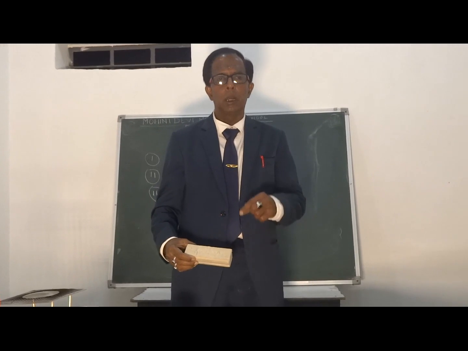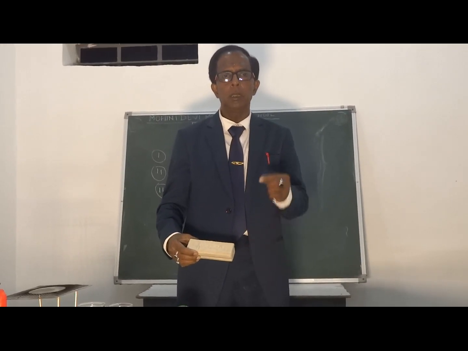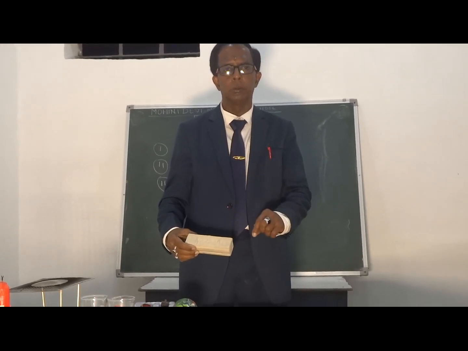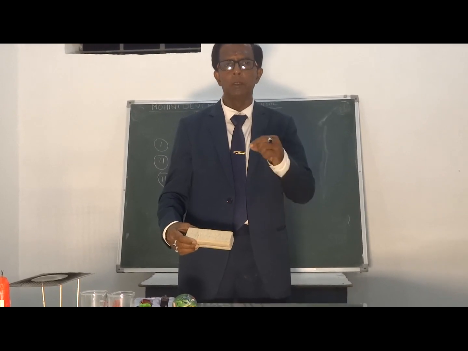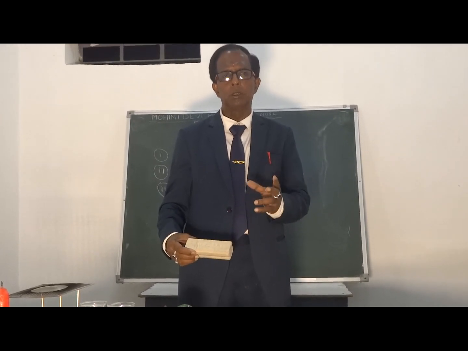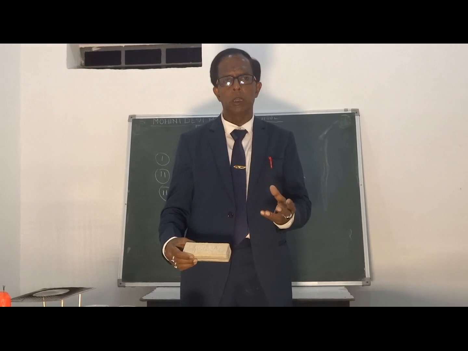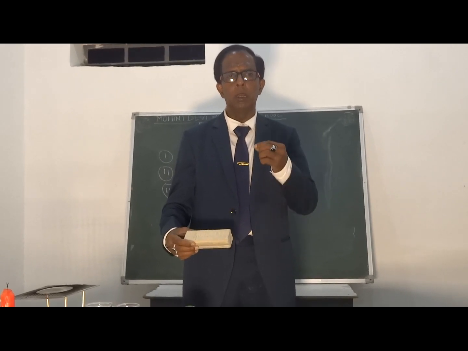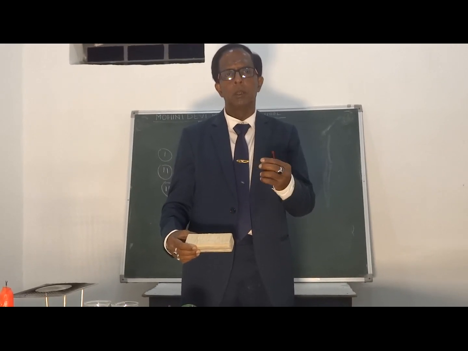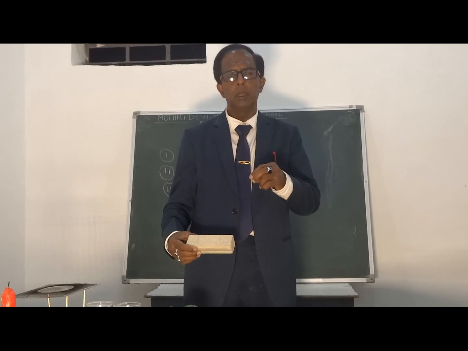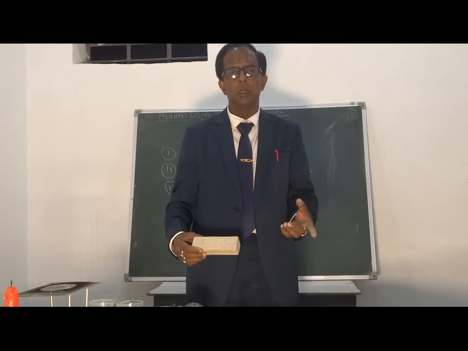It means gravitational force is a non-contact force. We will go into detail after this class about what gravitational force is and how it acts. But here we only understand that gravitational force is a non-contact force.